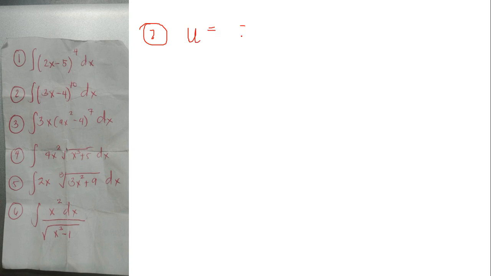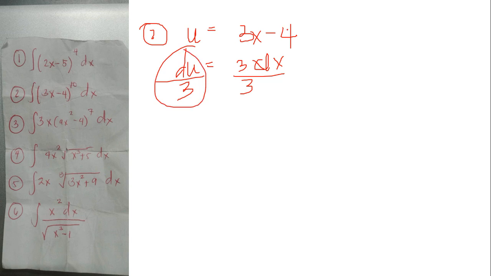Yung u natin dito, 3x minus 4. Yung du natin dito, 3 dx. Divide natin sa 3. So, ito na yung ating dx equals du over 3. So, yung shortest na natin is integral ng u raised to 10 du over 3. Okay?